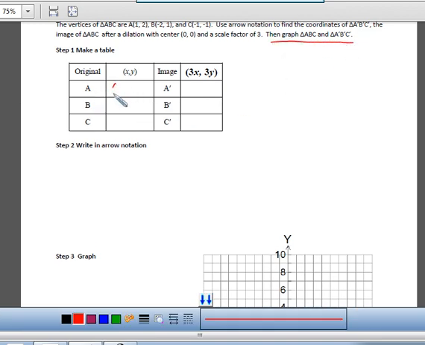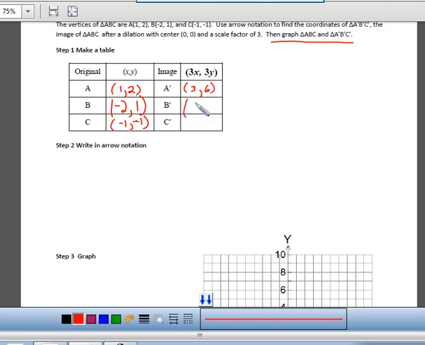So first thing, I'm going to write 1, 2, negative 2, 1, and negative 1, negative 1. Now, they give us the rule right up here in the top of the table. So we're going to multiply 1, 2 by 3, and you get 3, 6.